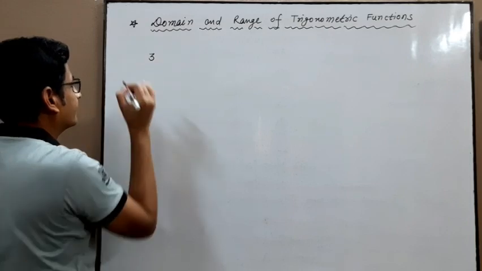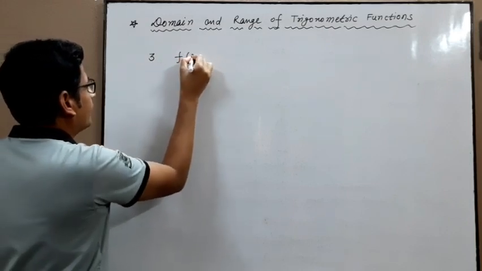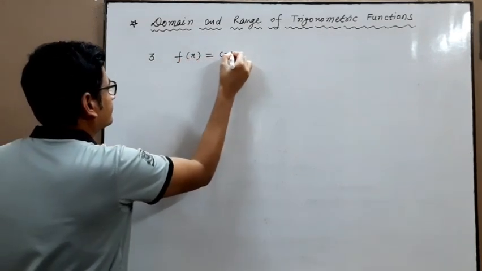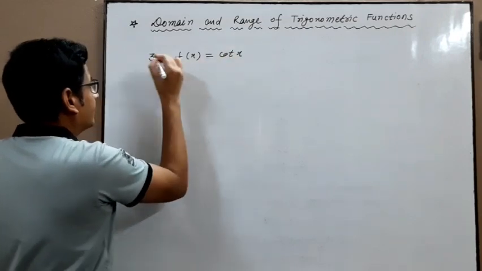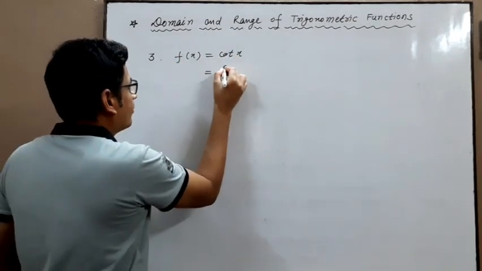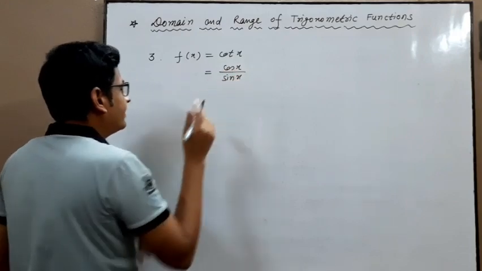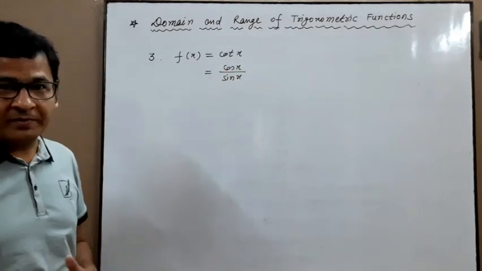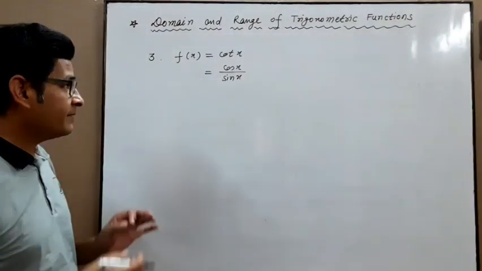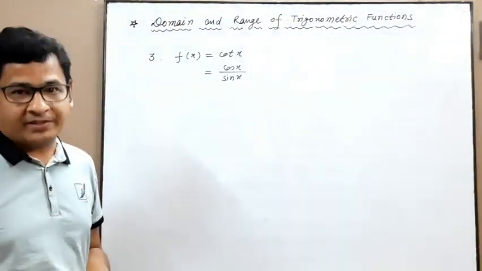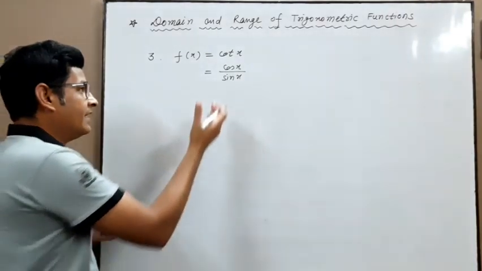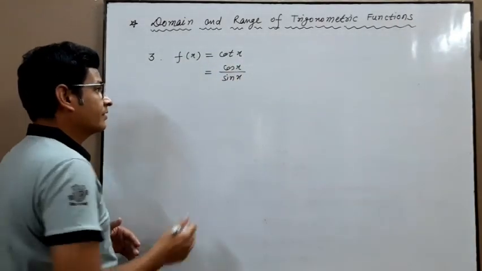Now third, f(x) equal to cot x. cot x means cos x upon sin x. Whenever in a trigonometric function or inverse trigonometric function cot x is there, it means in that particular question sin x is not equal to 0. We can't divide any number by 0.